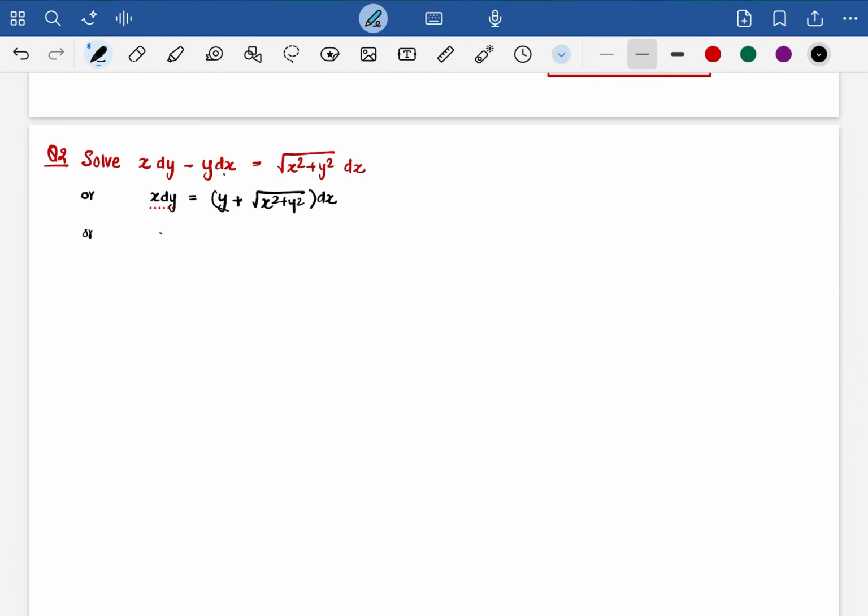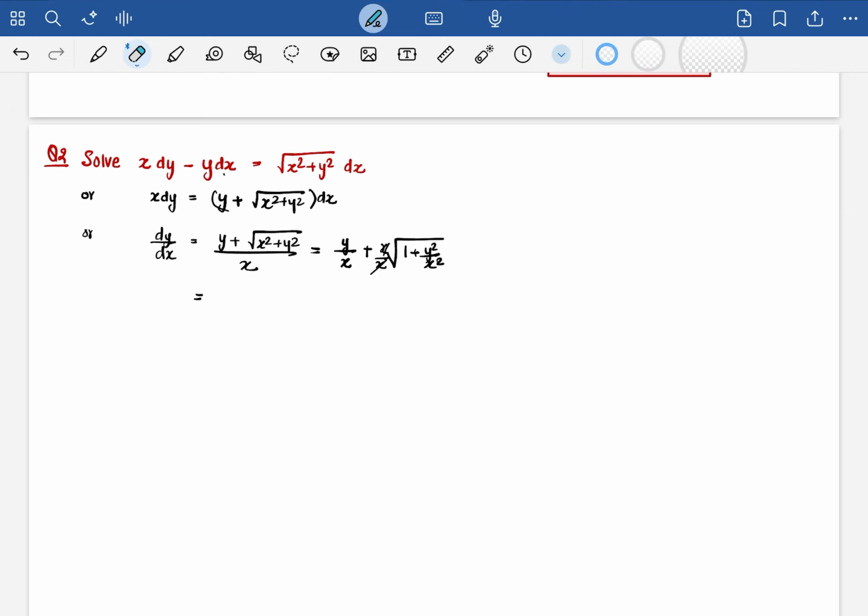Or we can write the same as dy by dx is nothing but y plus under root of x square plus y square divided by x. If we divide the whole equation by x, can we write this as y by x plus under root of 1 plus y square by x square, because one x will get cancelled. So this is nothing but a homogeneous function.